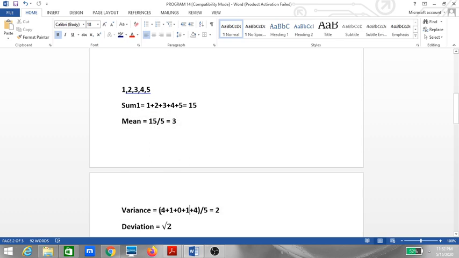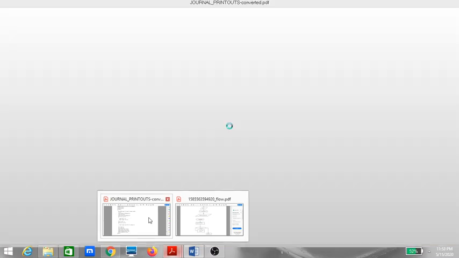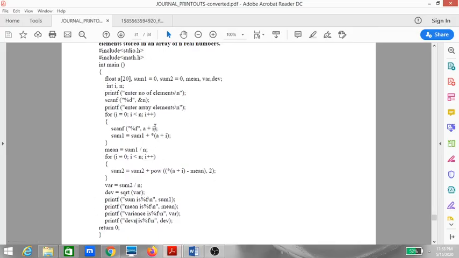And I have added all the terms in the numerator and divided by 5. The total in the numerator is 10, divided by 5, the value is 2. So 2 is what I'm getting as the variance, and then finally the deviation, which is the square root of 2. So I hope this is clear.